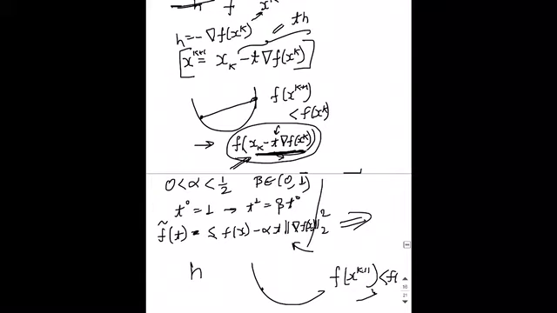So we saw that initially we find a descent direction, then we find t using the backtracking method, and then we use that to find x_{k+1}. Then we keep continuing this process until some stopping criterion is satisfied.